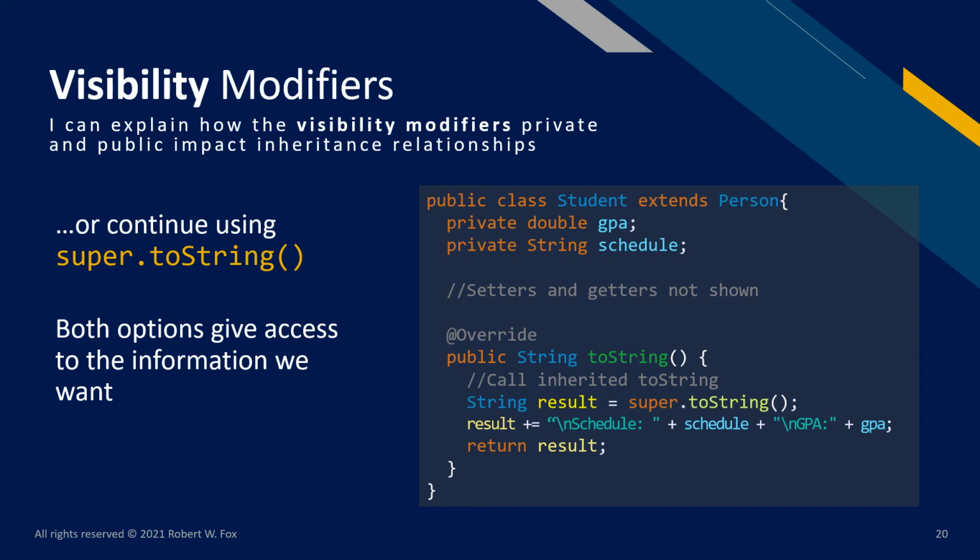The point is, when we want to access those inherited values, we have to do it through things that are public. Private is still a thing, and so even though I'm inheriting from the Person class, the things that are private in the Person class are still not accessible to the outside world. So I have access to the public getter methods, I have access to the public toString, but I don't have access to the values themselves directly.